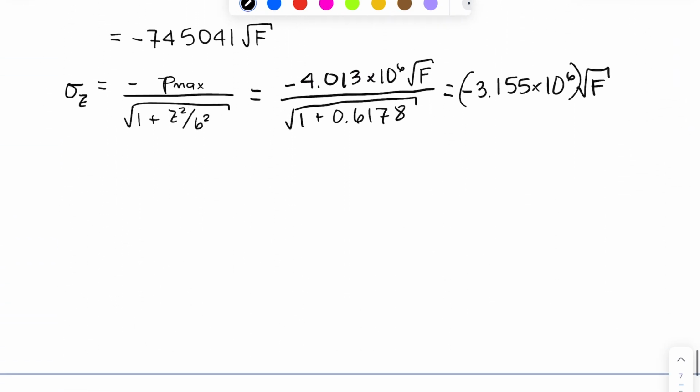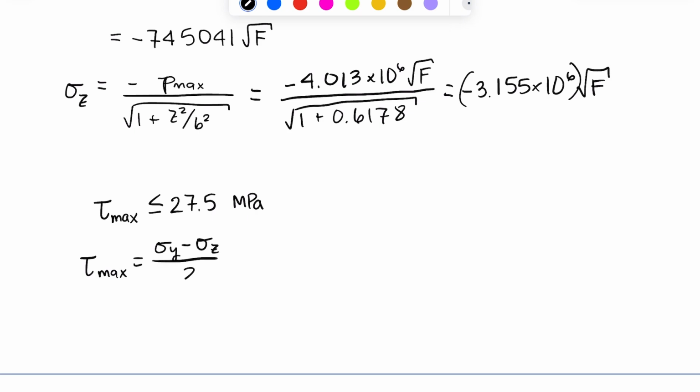Now the next step is to set up our inequality for tau max. So we want tau max to be less than or equal to 27.5 megapascal. That was given in the problem statement. And remember that tau max is equal to sigma y minus sigma z over 2.